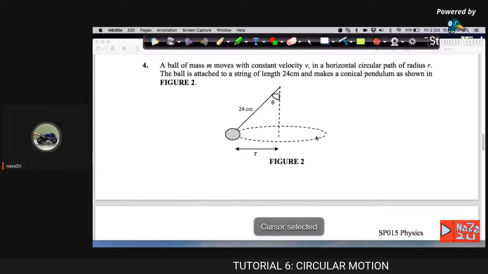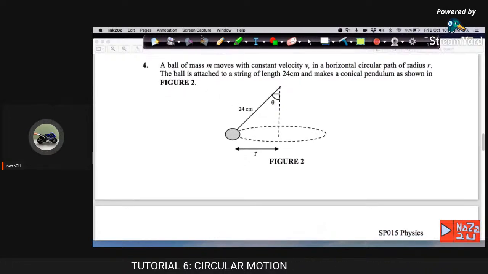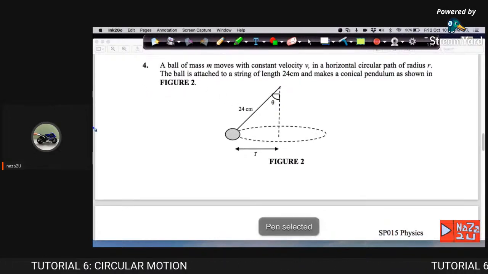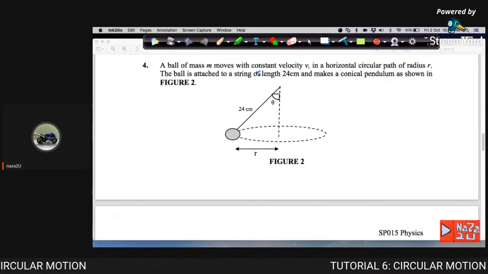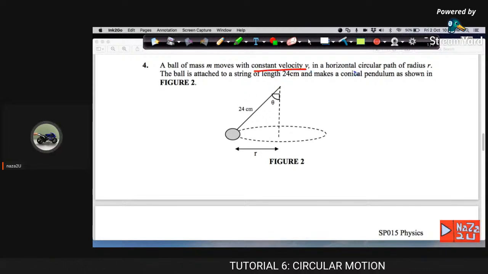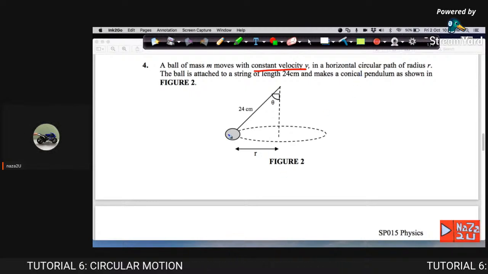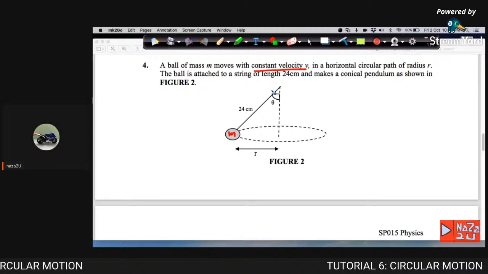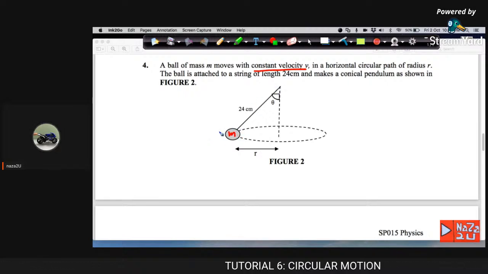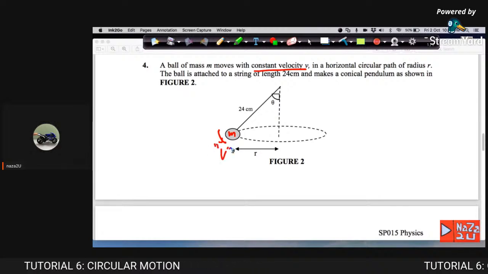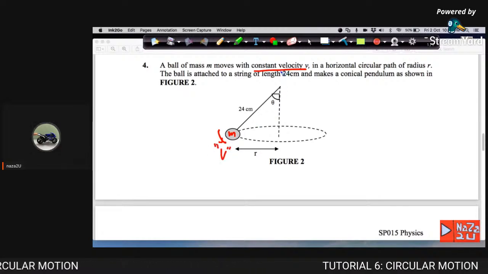So number 4, we have a ball of mass m moving with a constant velocity v in a horizontal circular path. If you look at figure 2, we have the ball with mass m and constant velocity v, berpusing dengan constant velocity v, and radius r.